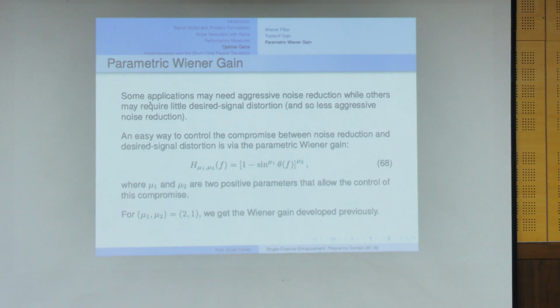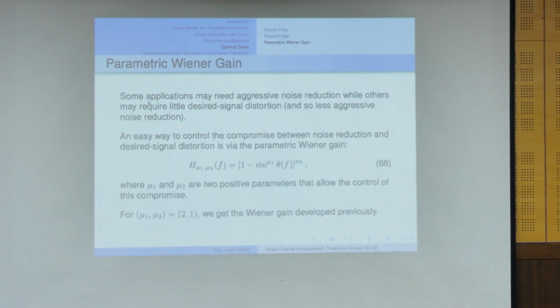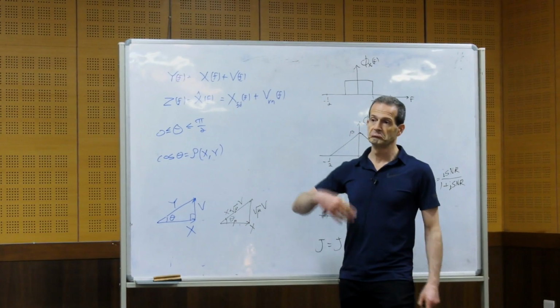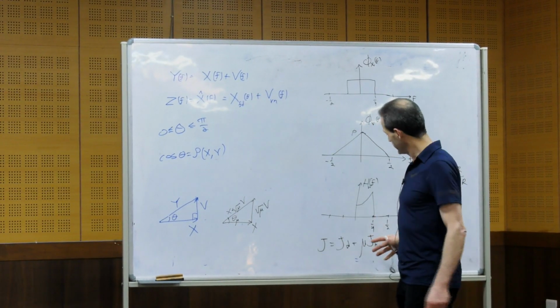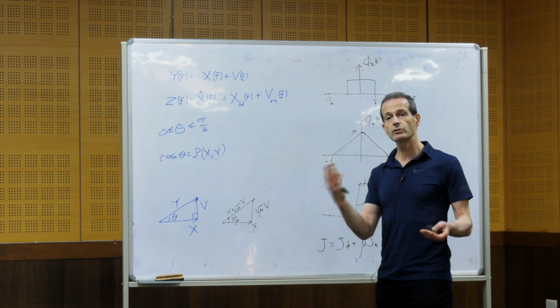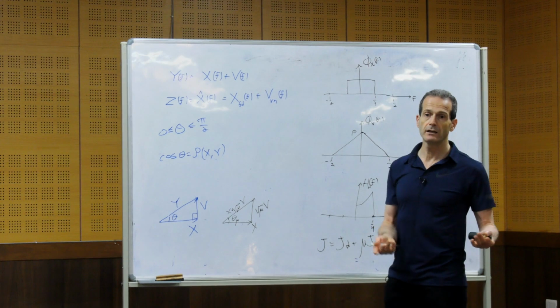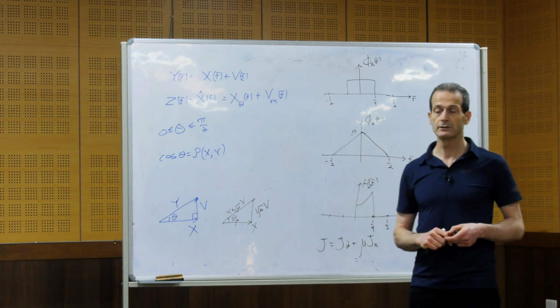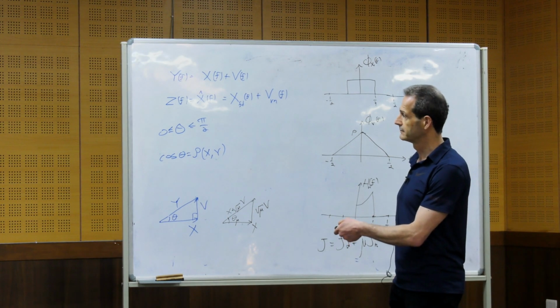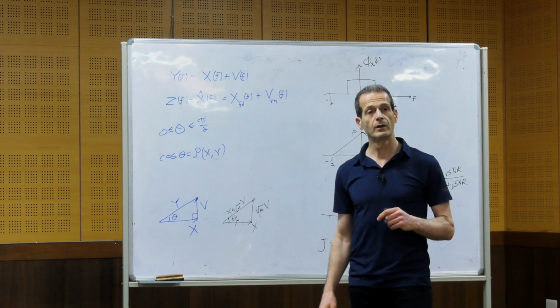So I showed the effect of mu on different performance measures. And you agree that if I increase mu, I increase the weight, and then I get more noise reduction at the cost of increasing the signal distortion.